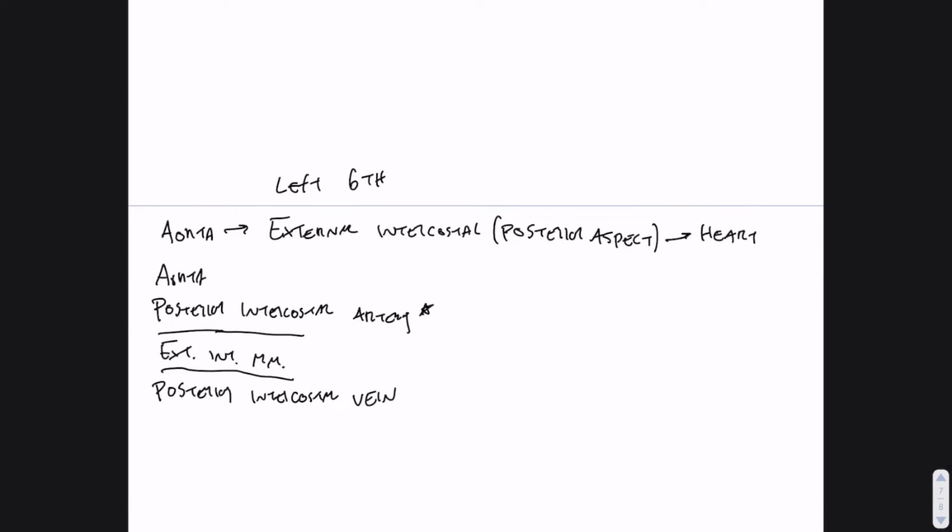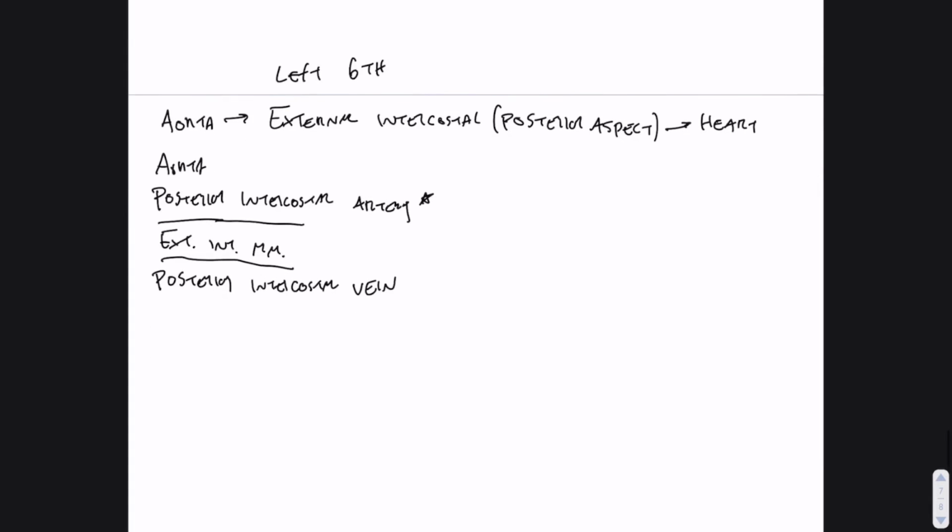So we're in that left 6th intercostal space, supplying the muscle that's sitting there. So now I need to remember, well, I'm on the left side, and I'm in the 6th space. So I can just do this. 2, 4, 6. So I have 1, 2, 3, 4, 5, 6. That's where I am. That is going to go into that accessory hemiazygos.